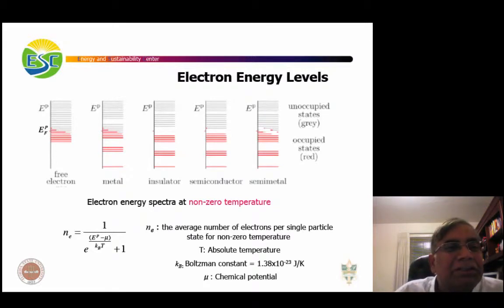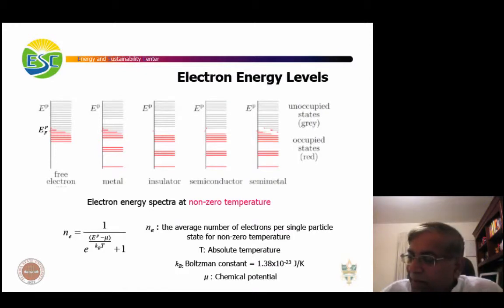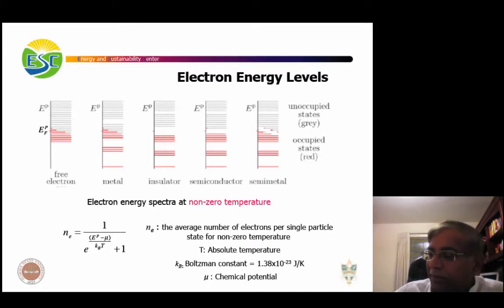So you can see there are some electrons above that, where k_B is the Boltzmann constant and T is the absolute temperature. The change in electron energies is described mathematically by the Fermi-Dirac distribution, which we will not discuss here.